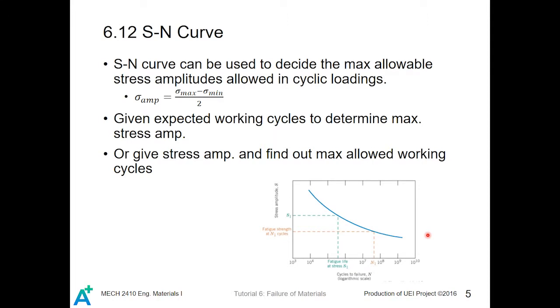The second is when the stress amplitude is given and the maximum allowable working cycles is our point of interest. Here is an example of such an SN curve. On the x-axis is the cycles to failure in log scale, and the y-axis is the stress amplitude. It is very straightforward.